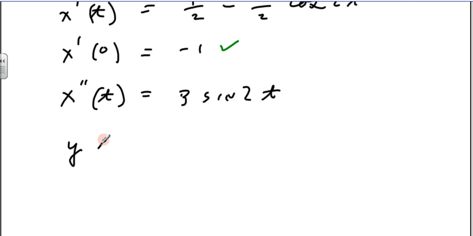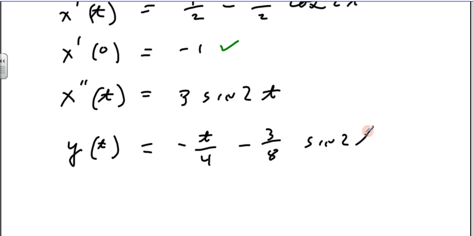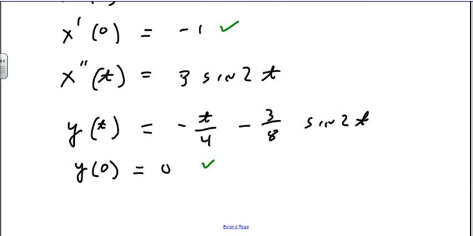So we said that y of t was minus t over 4 minus 3 over 8 sine 2t. And y at 0 is supposed to be 0, and it is. Check. Okay, and then we want y prime of t. That's going to be minus 1/4.